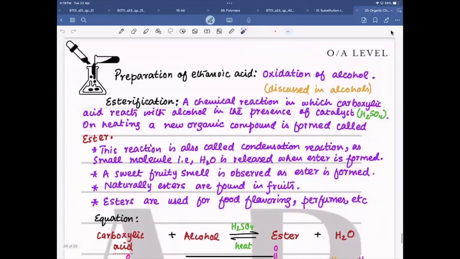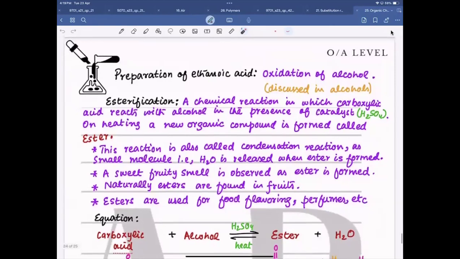Now, have a look at a word equation. In this word equation, a carboxylic acid is reacting with an alcohol, in the presence of sulfuric acid, and we heat it.